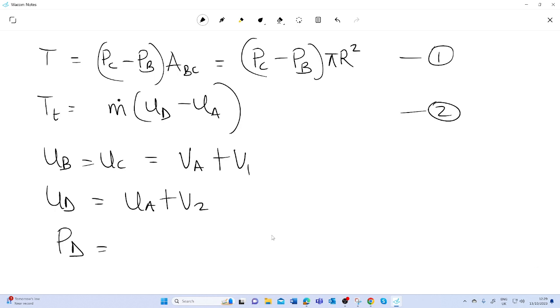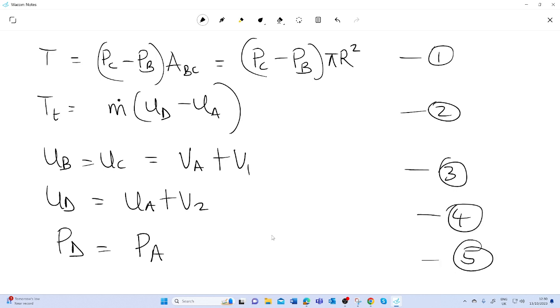PD equals PA. This is equation 3, this is equation 4, and this is equation 5. So these are the most important equations for the momentum theory surrounding rotor dynamics. And from here, we can build larger equations to establish the fundamental theory of rotor dynamics.